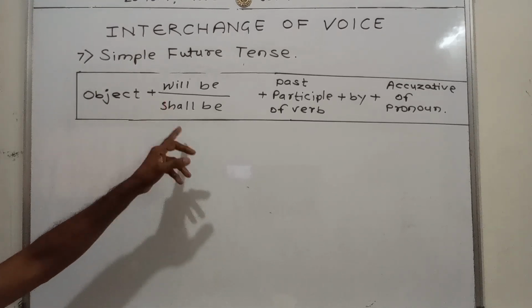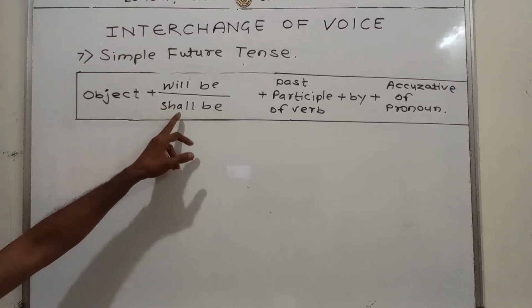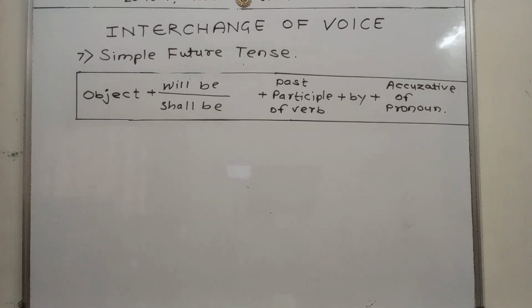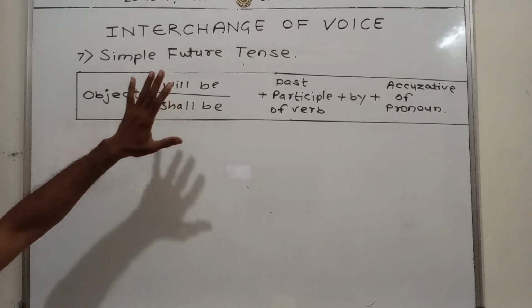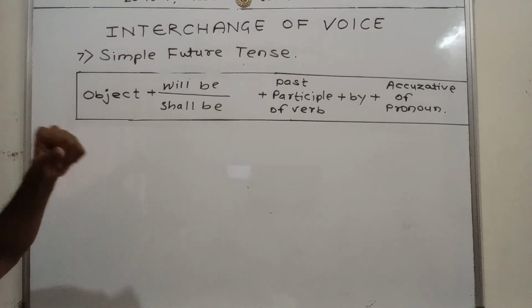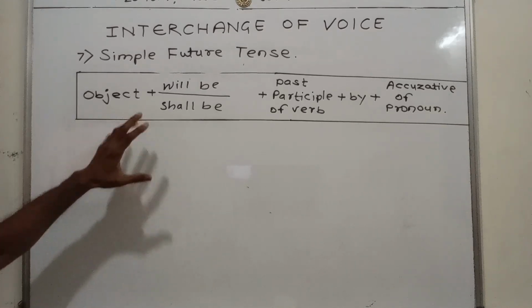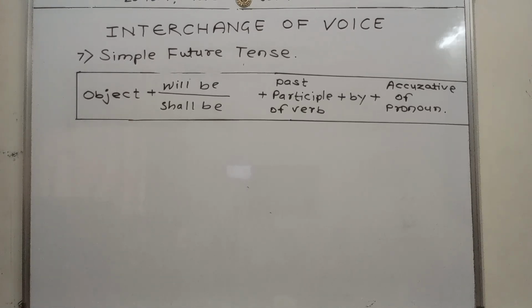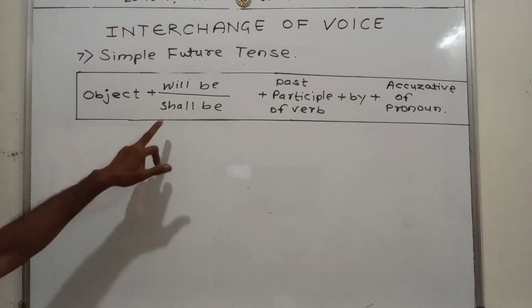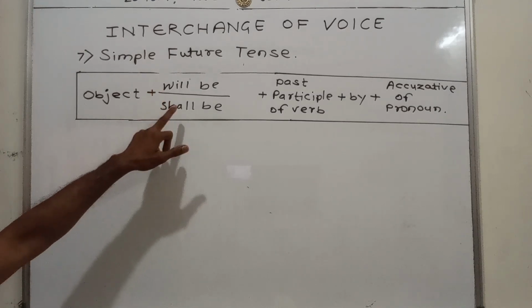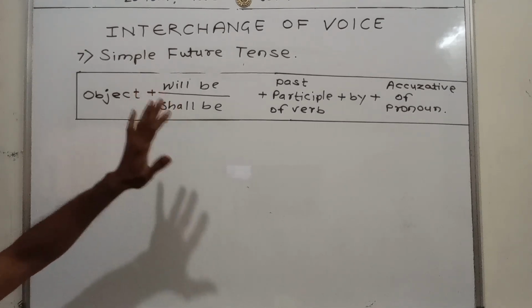But nowadays in spoken English, will is used everywhere: I will, we will. But generally when we study, as students, we use shall for I and we.